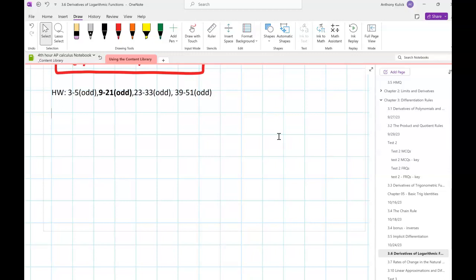In terms of your test, is it pretty good? I built everything kind of the same way as the last test. So if you felt like what you did last time was good preparation for the test, I would do the same thing. Because I built the test kind of the same way, very much in the style of AP questions, and some things I stole exactly. Some of you might have noticed, hey, I remember doing this exact question. And some of them might have been, we did something like this, but the numbers are a little different.